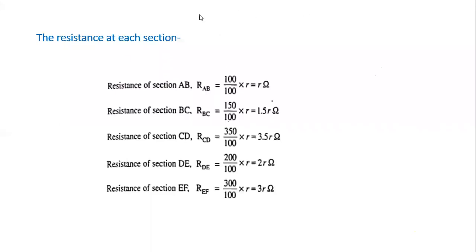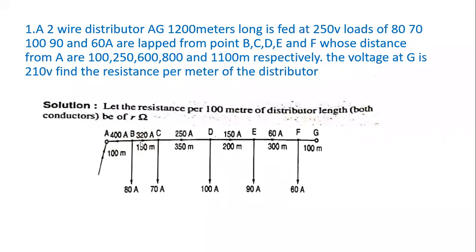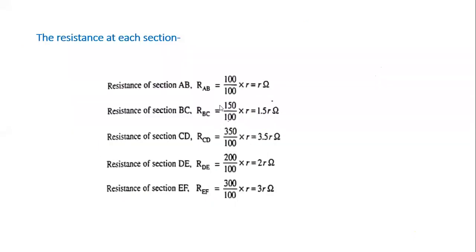How many sections are there? AB section, BC section, CD section, DE section, EF section, and FG section. We calculate each and every section resistance, that is RAB, RBC, RCD, RDE, REF.